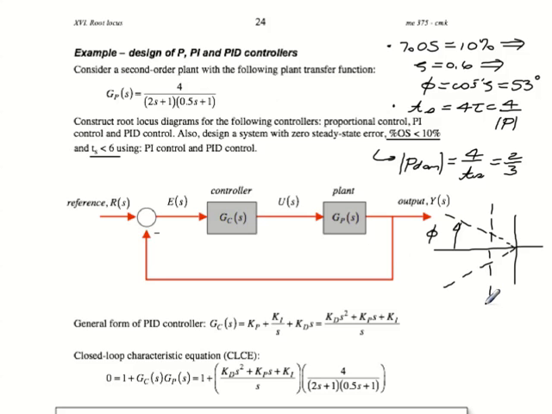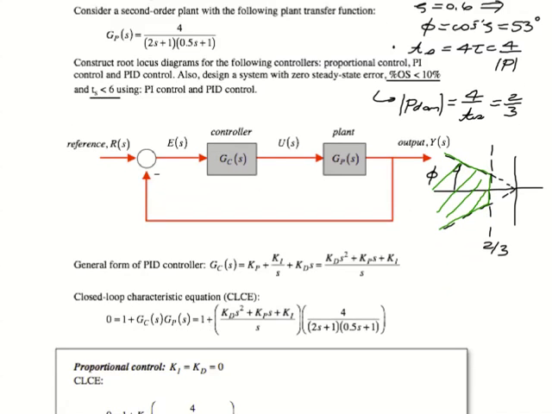So in this case this line would be at 2/3. So what this means is that we have this truncated wedge, and in this wedge is where we need to be if we want to satisfy both the constraints on percent overshoot and on the time constant.